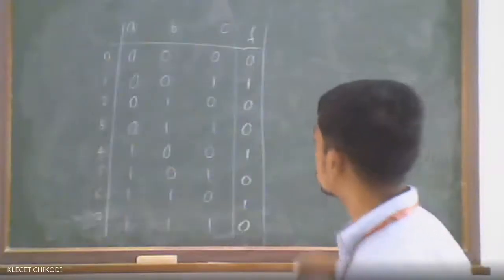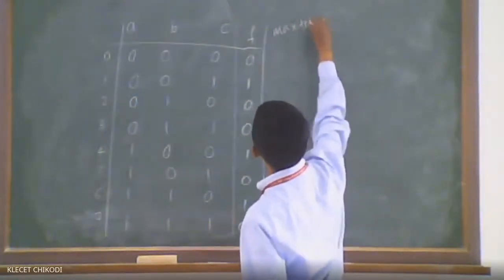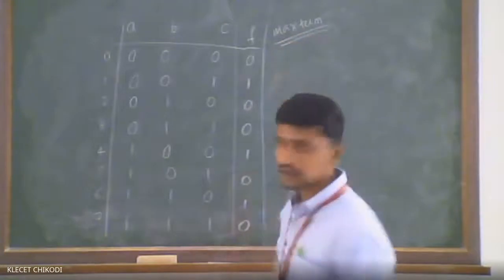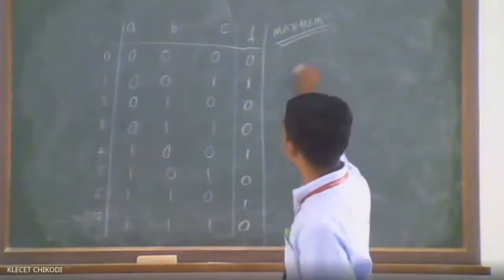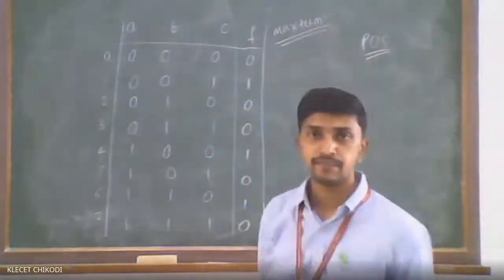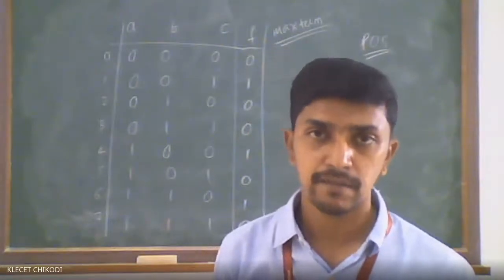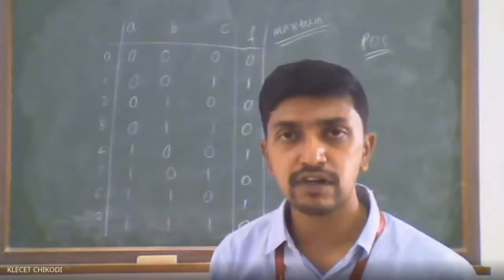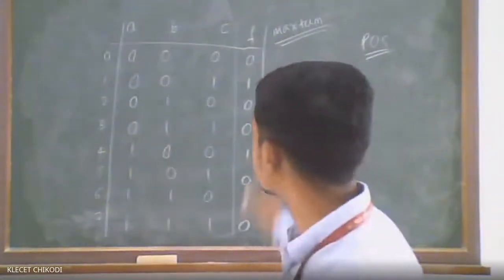Since it is a canonical max term, or they have given the phi notation, we have to take the POS, that is the product of sum form expression.